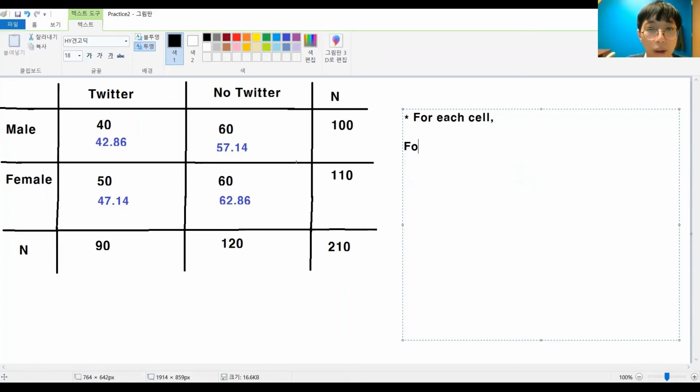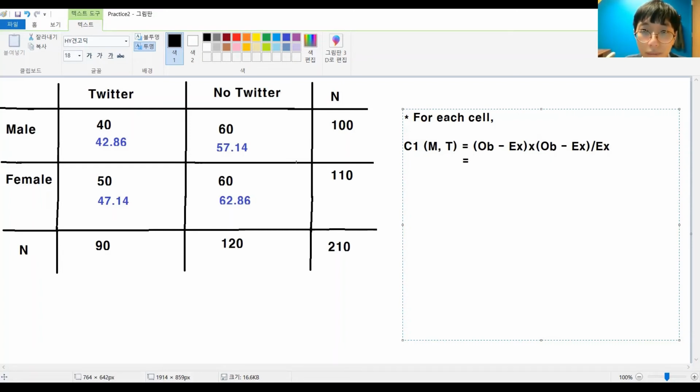For cell one, male with tweeter, just follow the formula: observed count minus expected count, squared, and divided by expected count.